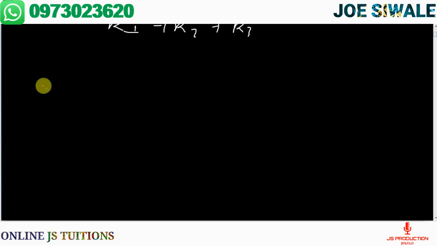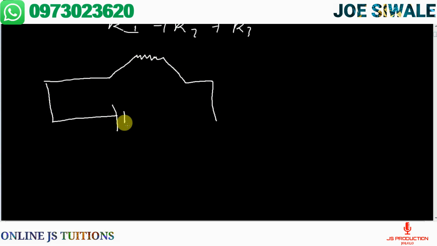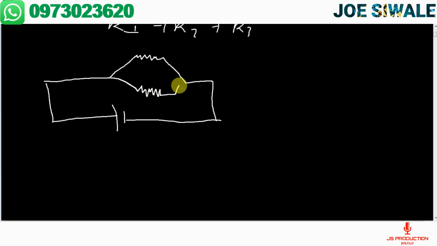For this calculation, we have this circuit in this form. If this is the resistor and this is the resistor, and the current flowing here is 2 amps and the current flowing here is 3 amps, and you have been told to calculate the total current.